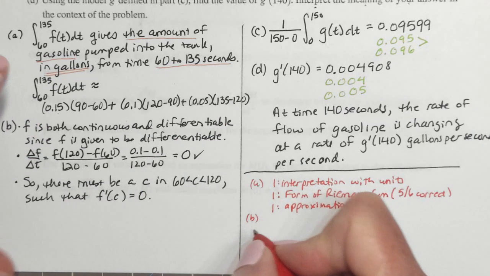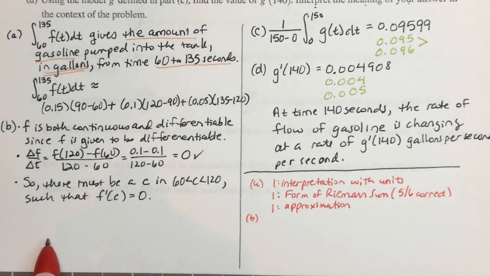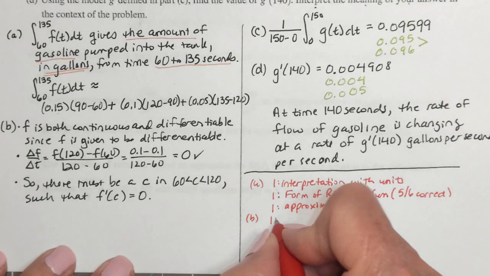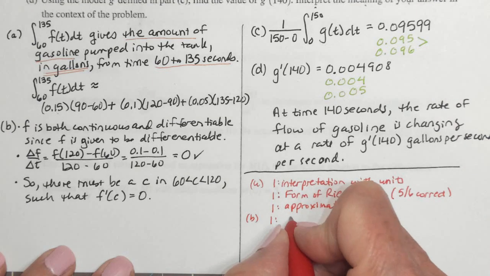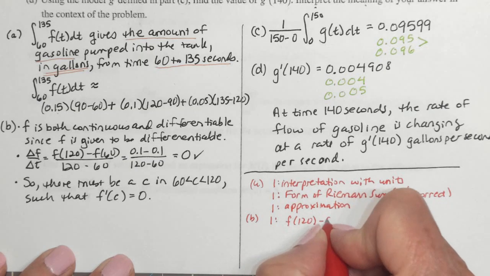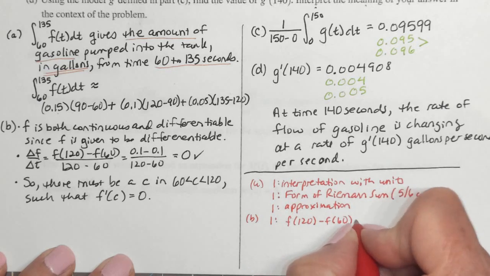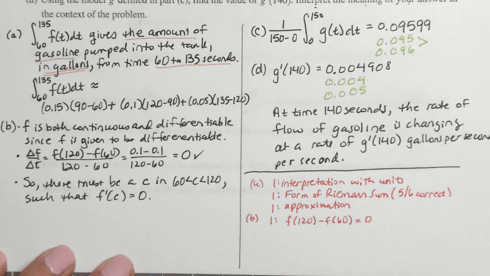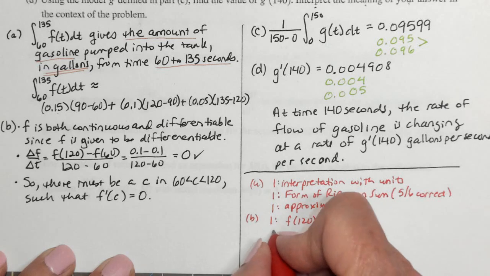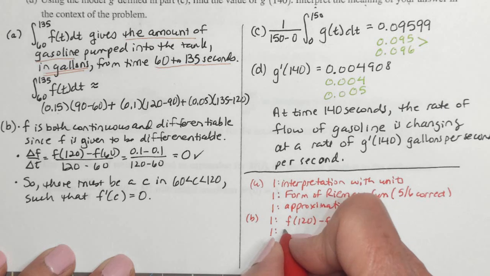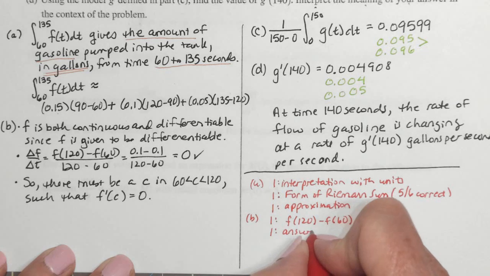Part B. In Part B, they gave 1 point for saying that f of 120 minus f of 60 is equal to 0. Okay? And they gave 1 point for the answer with justification.